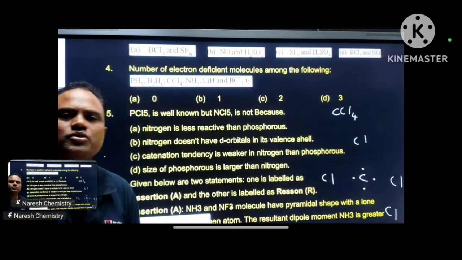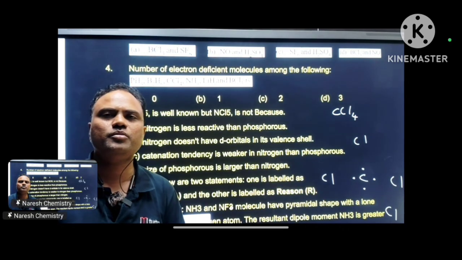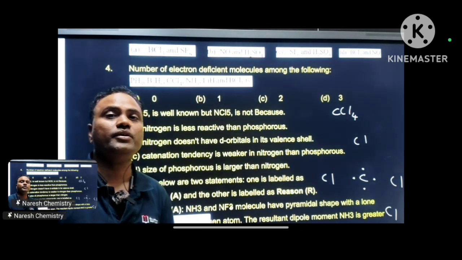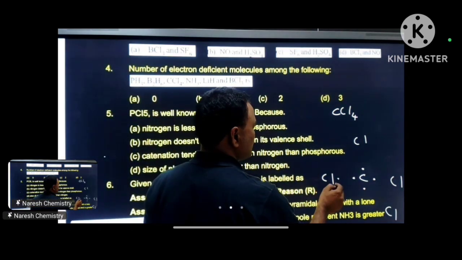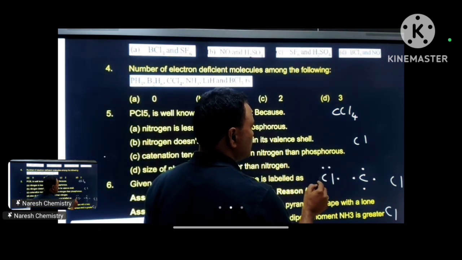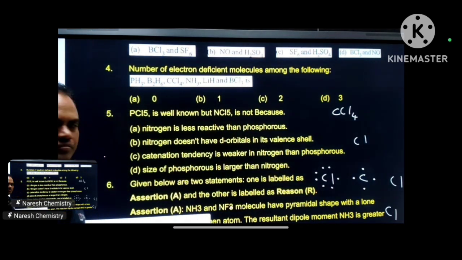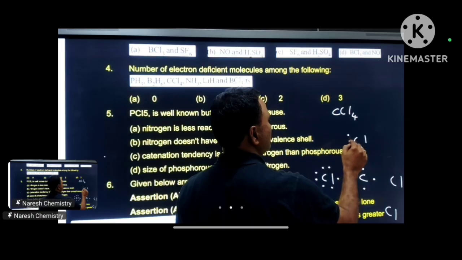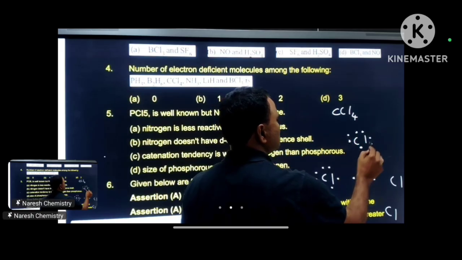Halogens belong to which group? Seventh A group. So 7 dots: 1, 2, 3, 4, 5, 6, 7. Around each chlorine keep 7 dots.